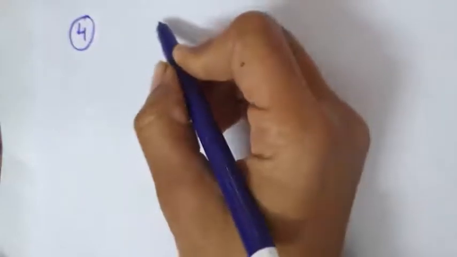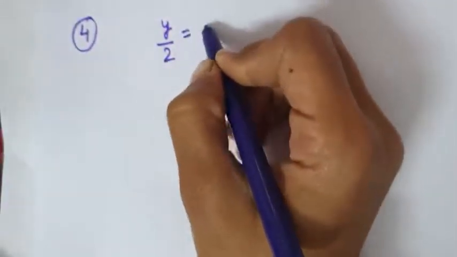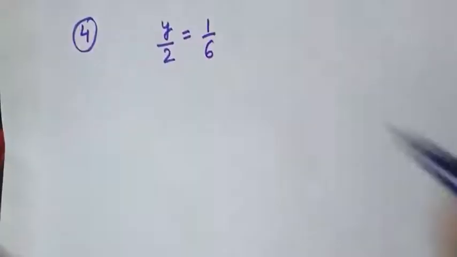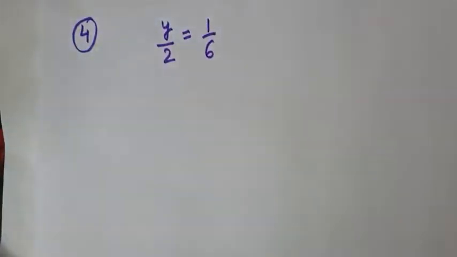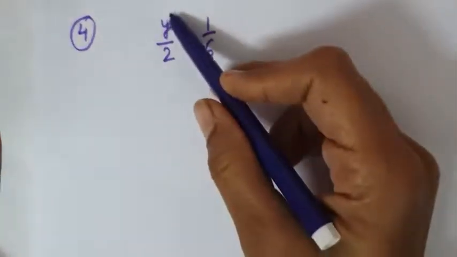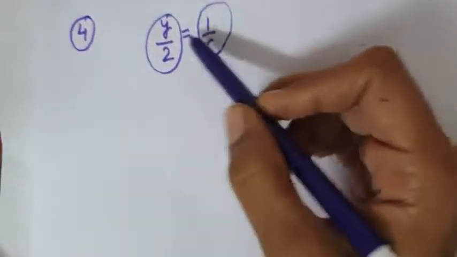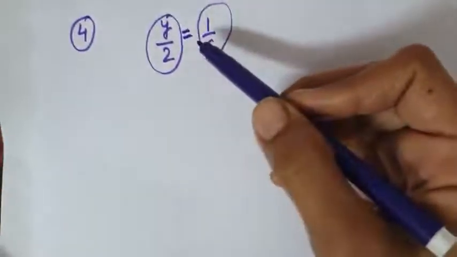Now the next question is we have to solve for y. Solve for y means we will find the value of y. So now this is one term, this is one term, this is an equality sign.